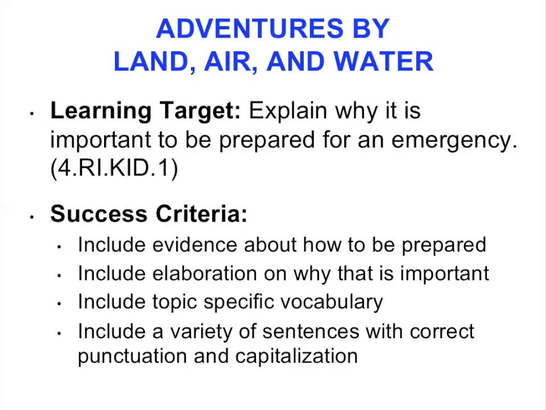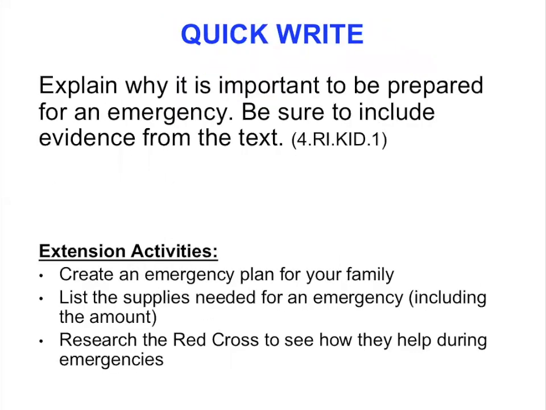And a variety of sentences would be compound, complex, and simple sentences. When we use these, it makes our writing more interesting. So our writing task is explain why it is important to be prepared for an emergency. Be sure to include evidence from the text.